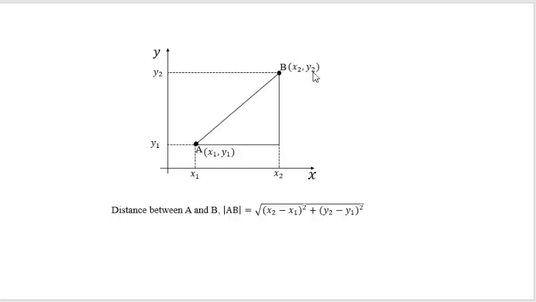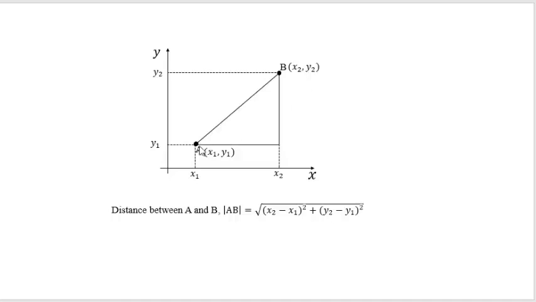Now, before we move on to how we can do the calculation, every coordinate of a point is made up of an x value and a y value, and always we write the value on the x-axis first before we write the value on the y-axis.